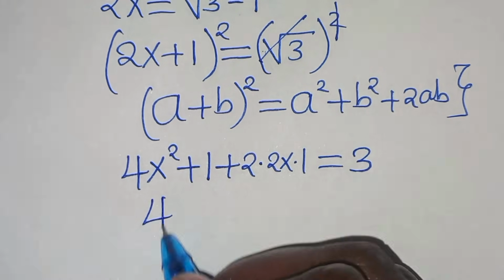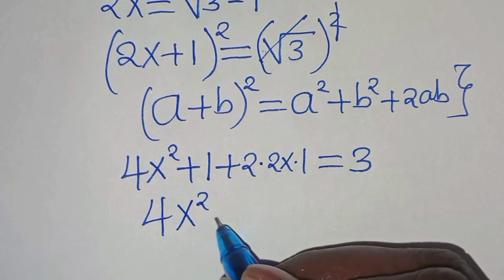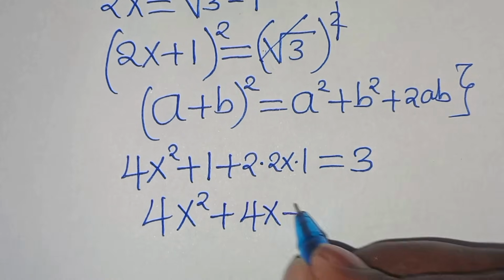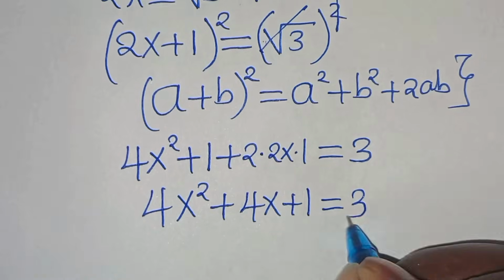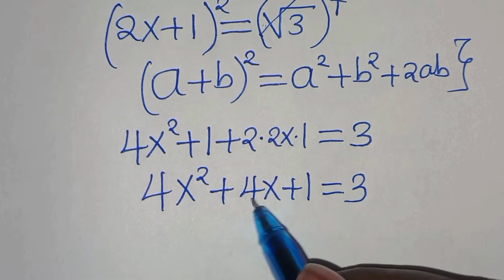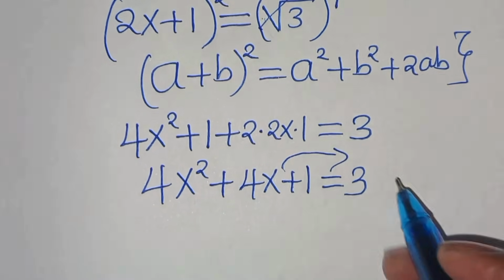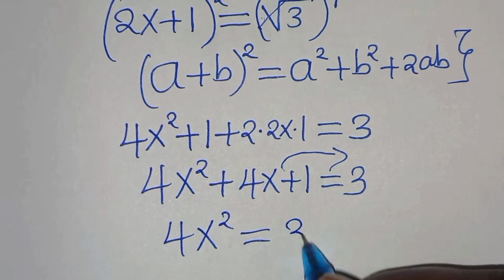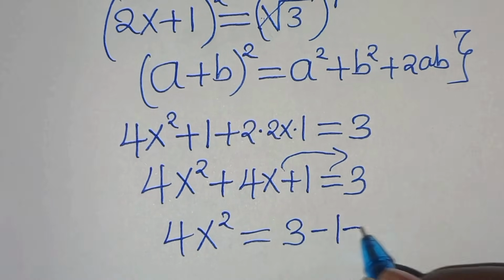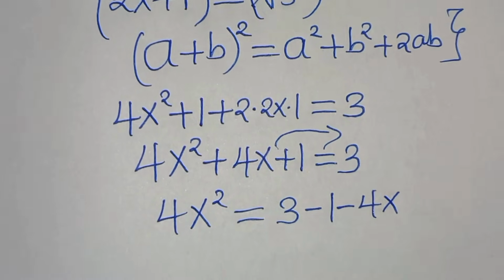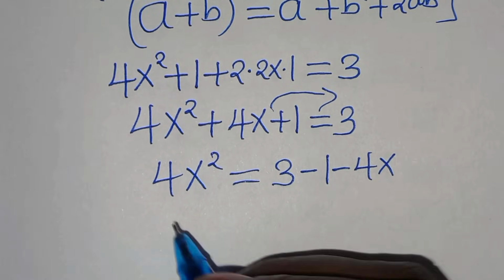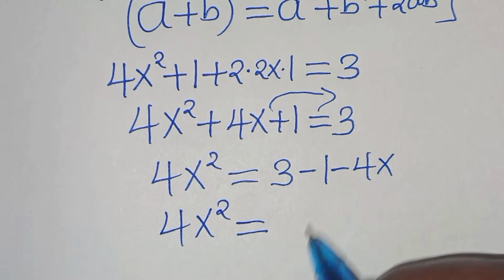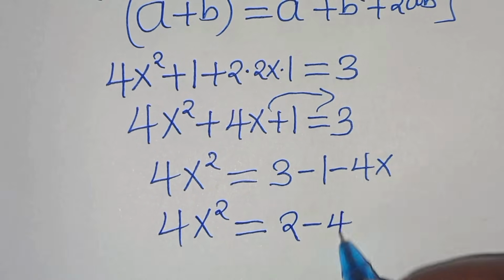So this is 4x to the power of 2, then plus 4x, then plus 1, equal to 3. Now, let's take 4x plus 1 to the right hand side, so that we have 4x to the power of 2 equal to 3 minus 1 minus 4x. So we have 4x to the power of 2 equal to 3 minus 1, which is 2, minus 4x.